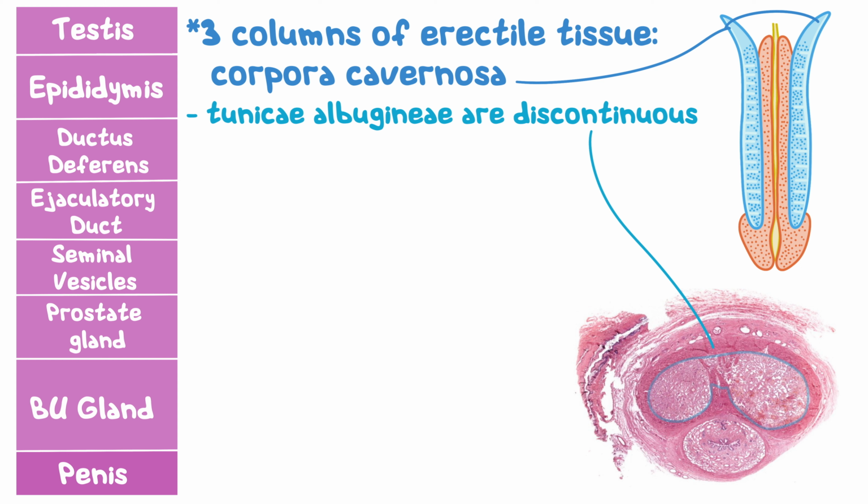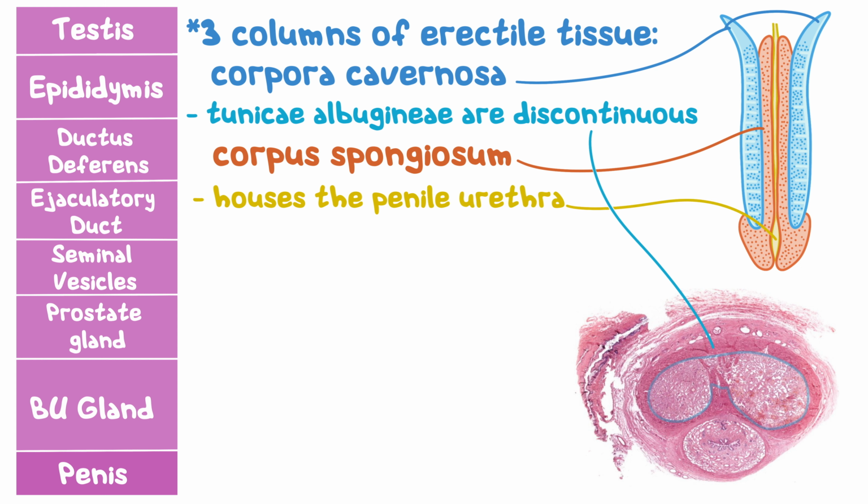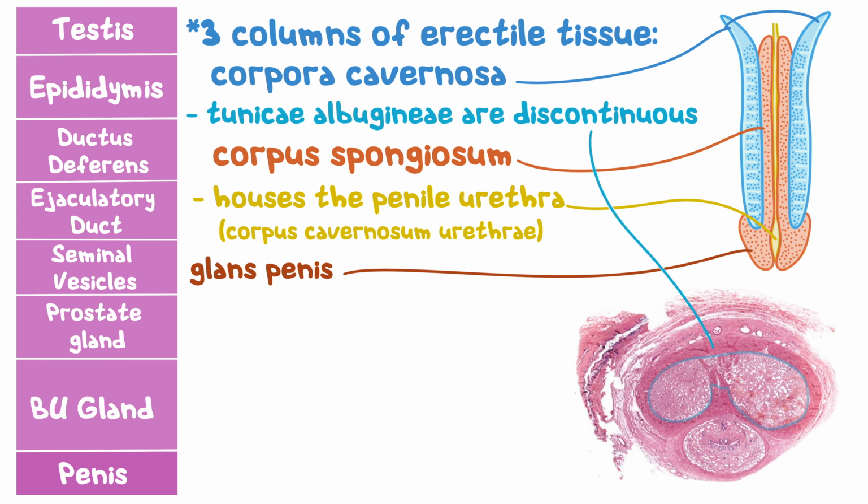The 3rd column of erectile tissue, the corpus spongiosum, is positioned ventrally. Because the corpus spongiosum houses the penile portion of the urethra, it is also called the corpus cavernosum urethrae. The corpus spongiosum ends distally in an enlarged bulbous portion, the glans penis, or head of the penis.